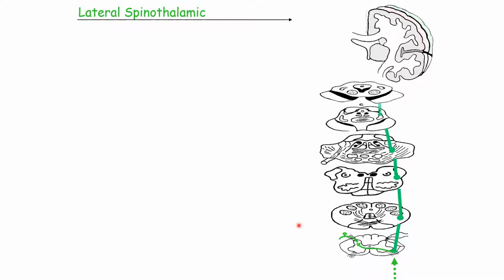We see here schematically the pathway ascending in the lateral funiculus through the spinal cord, through the brainstem, up to the thalamus, and then from the thalamus onto the cortex.